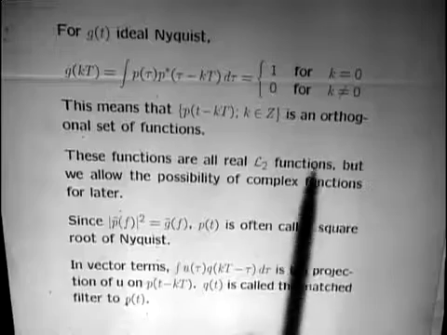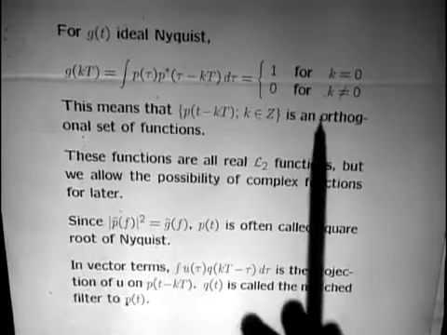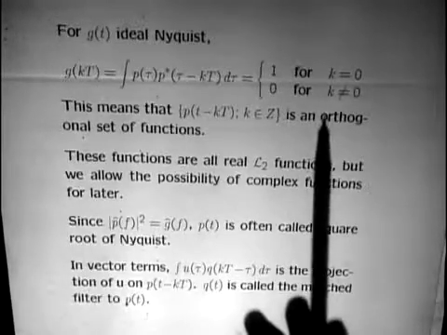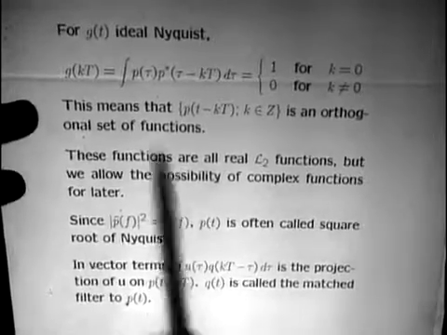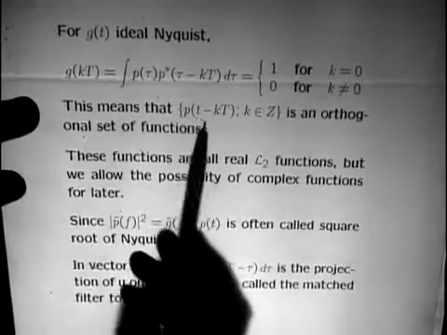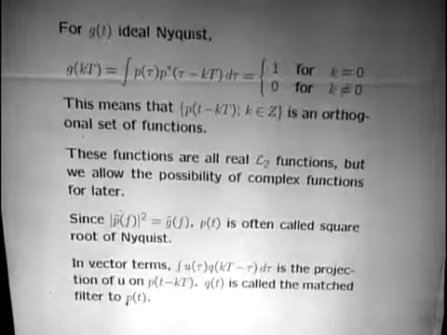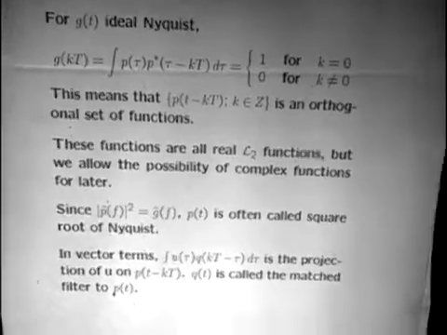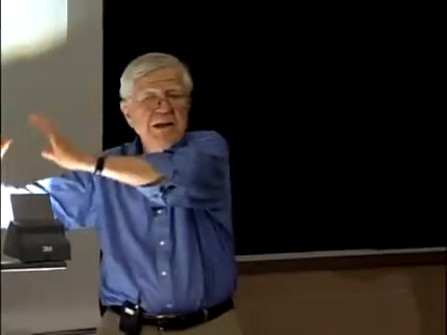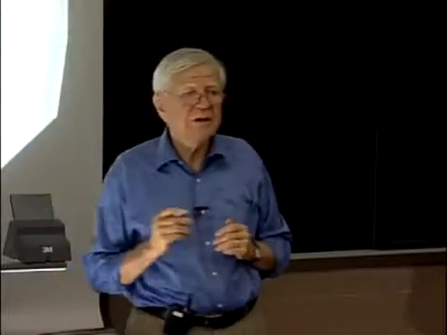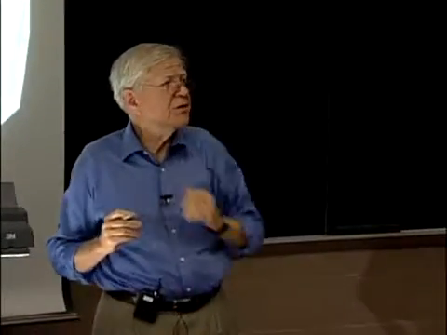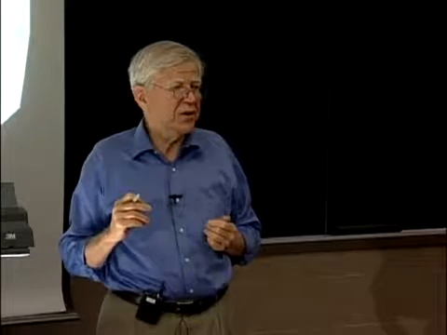That kind of looks like these orthogonality conditions that we've been dealing with, doesn't it? So what it says is that this set of functions, p of t minus kt, in other words, the pulse p of t and all of its shifts by t, 2t, 3t, and everything else, this set of pulses all have to be orthogonal to each other.